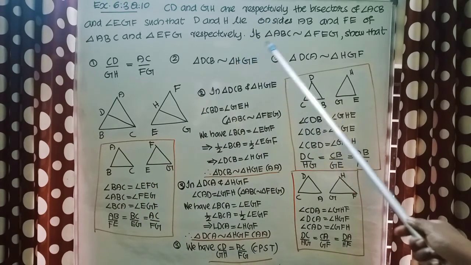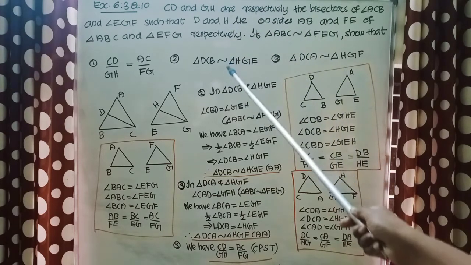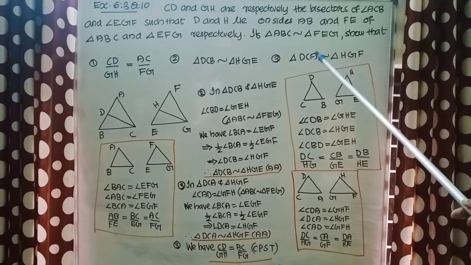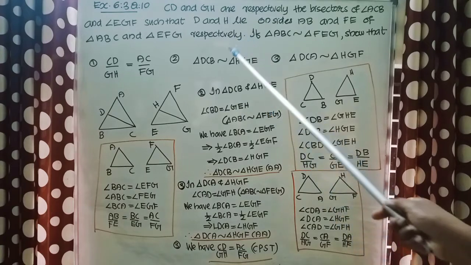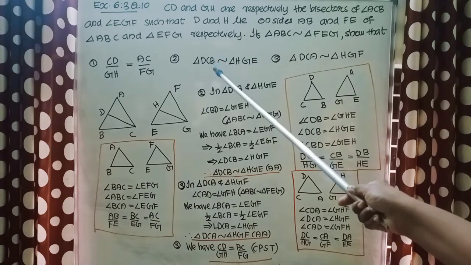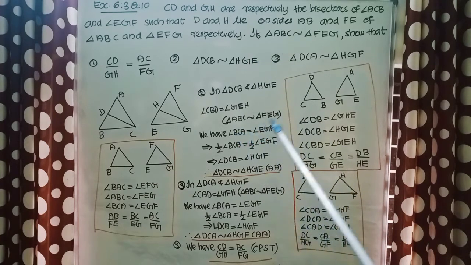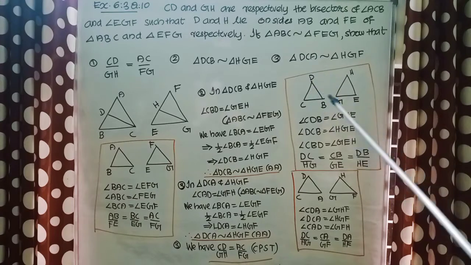Here we need to prove these two triangles are similar. Triangle DCB is similar to triangle HGE. Third question, triangle DCA similar to triangle HGF. So first let us take this triangle DCB similar to triangle HGE. I have drawn two triangles and named DCB and HGE.